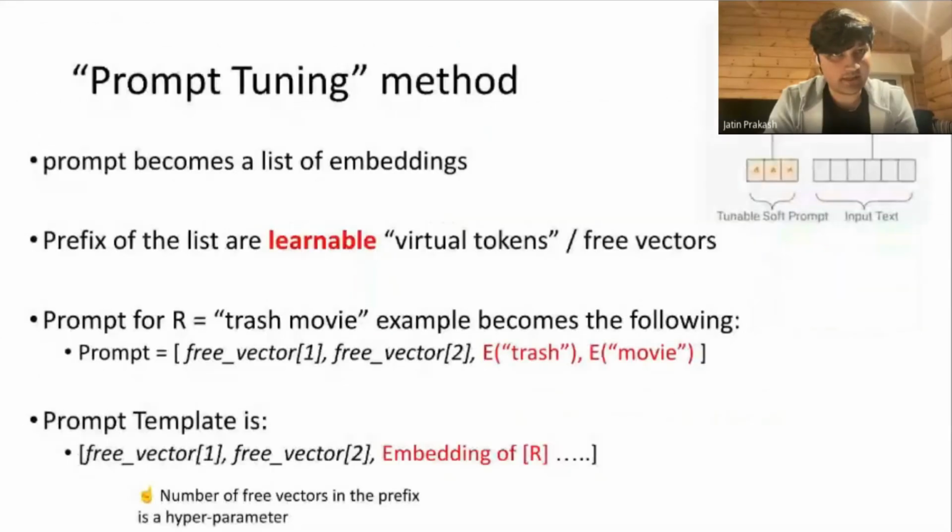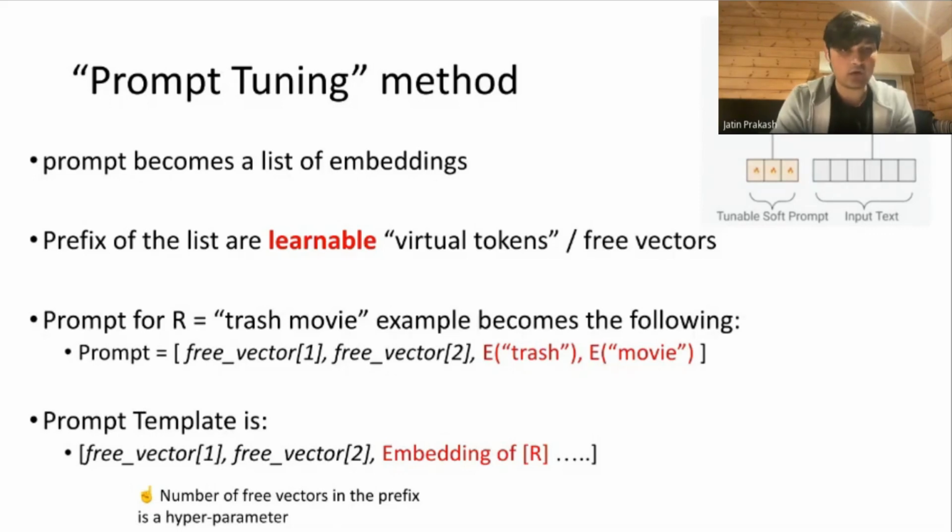Okay. So now, stating things more formally, our prompt is now a list of embeddings. It's not any English text, it's not any other language text. It's basically some embeddings, and then we prepend these embeddings to our tokenized input. So for the prompt r equal to "trash movie," the prompt now becomes this list: free vector 1, free vector 2, then embedding of "trash," embedding of "movie."